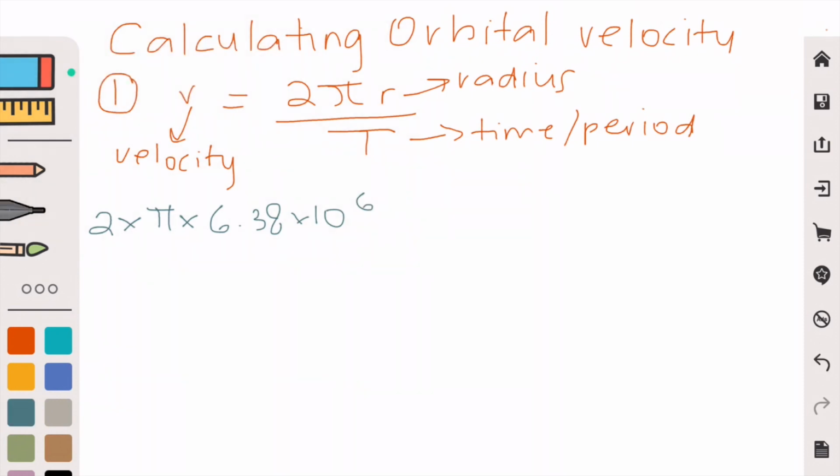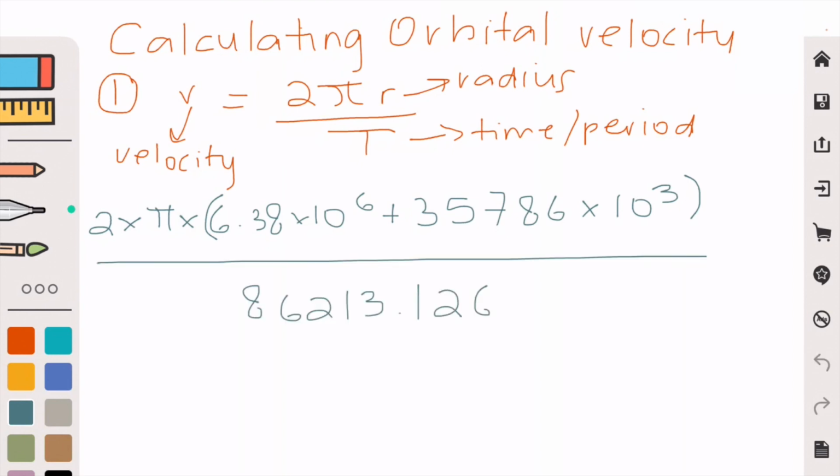So we're going to start off by doing 2 times pi times 6.38 times 10 to the power of 6 plus our altitude, 35786 times 10 to the power of 3, and put that all over 86213.1260, because that's the time in seconds of our orbital period. Put that in the calculator and you will get 3073.04472.